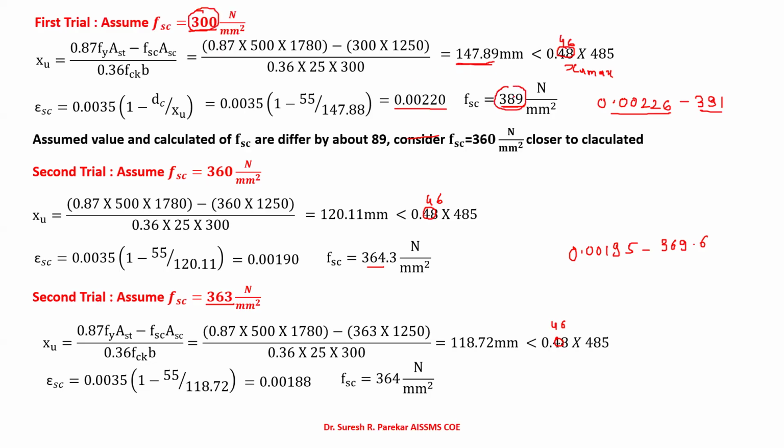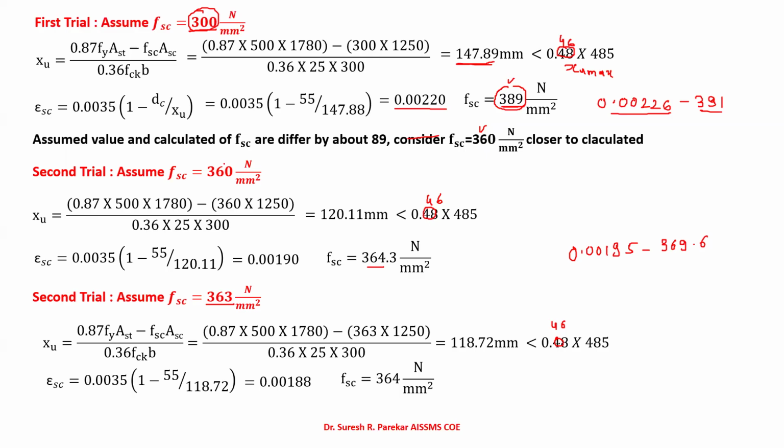So I have considered 360, not exactly in between, but closer to 389. Because if we take a plain average, then it comes around 345. So I considered 360 towards 389. It is always closer to the calculated value.